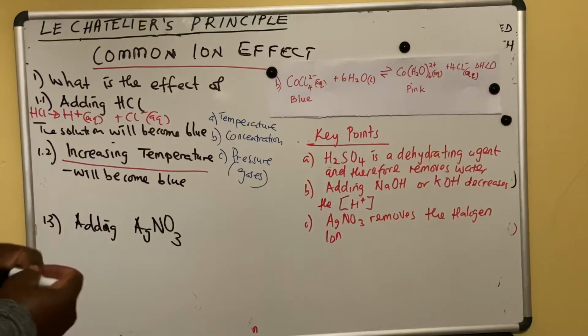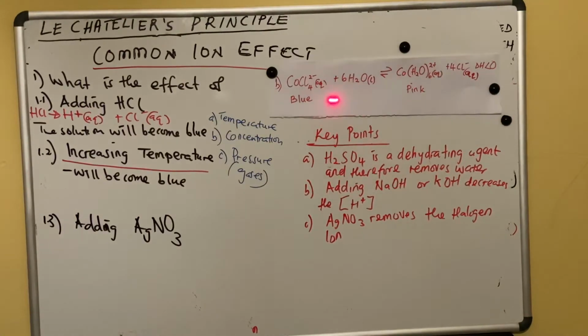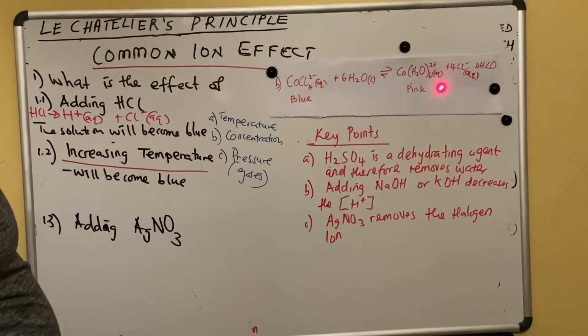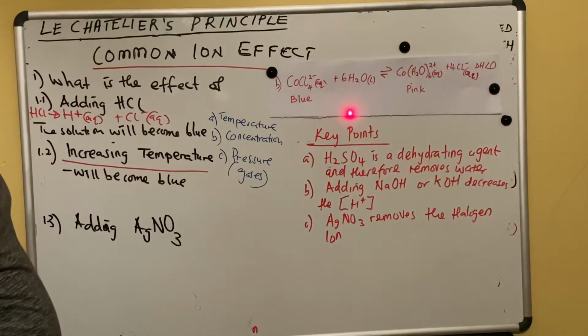Let me just repeat that very quickly. We have two half reactions here. We have the forward reaction, which is exothermic. We are guided by this statement. Remember, I said before, the statement that you are given here represents the forward reaction. So the opposite of that represents the backward reaction.